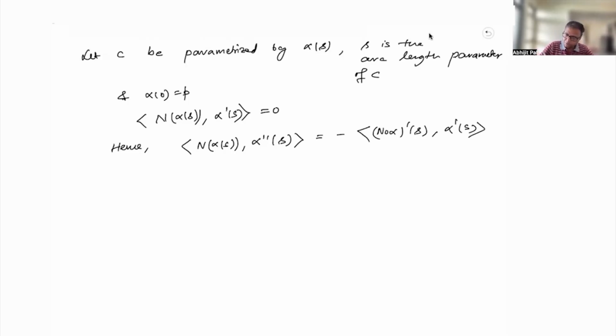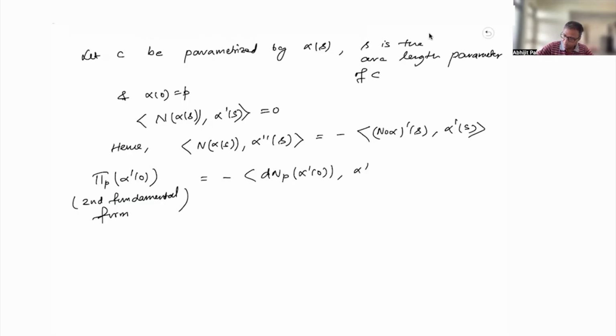And now, if I take pi p of alpha prime 0, this is the second fundamental form. So this will be equal to minus of inner product of d N P alpha prime 0 with alpha prime 0.